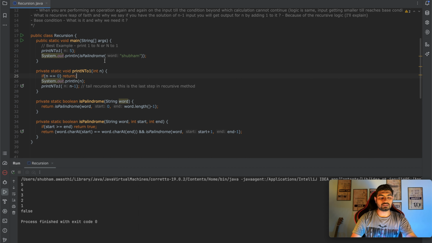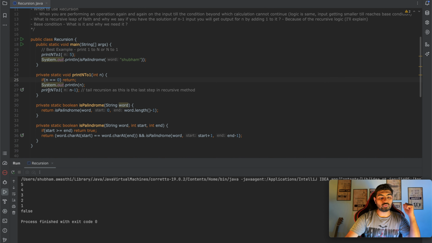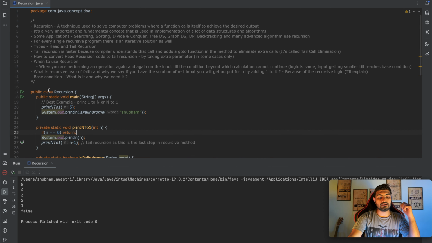And this is just a basic understanding of what recursion is. So I hope you were able to understand what recursion is and got some understanding to explore it more or to increase your understanding of this topic. So that's all I wanted to explain as part of this video. See you in the next one.